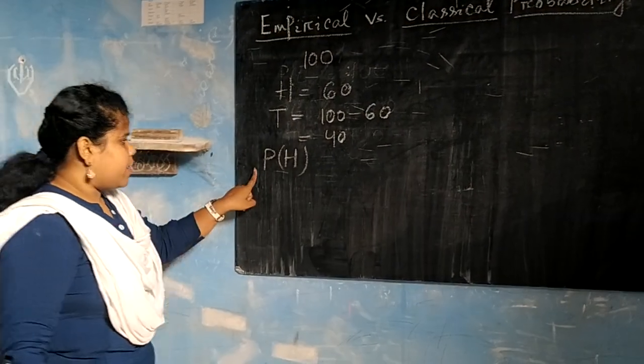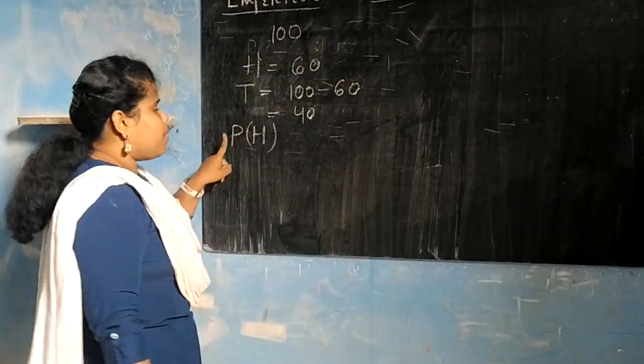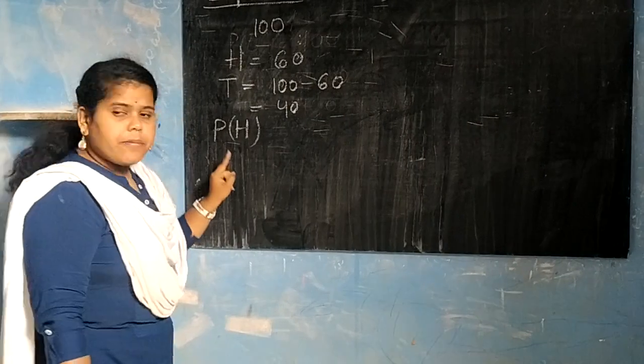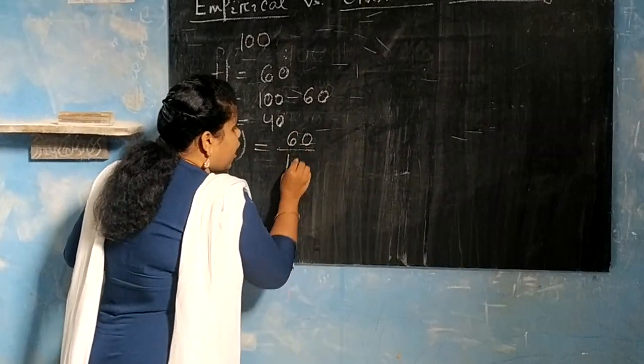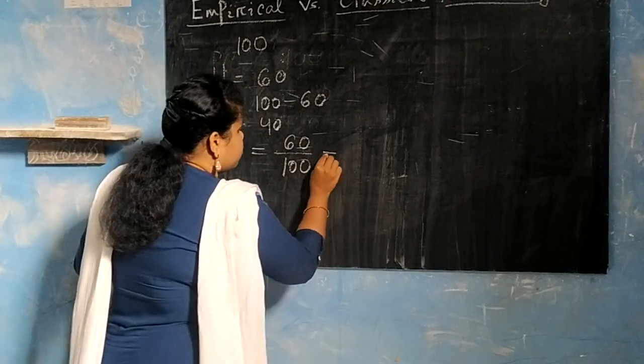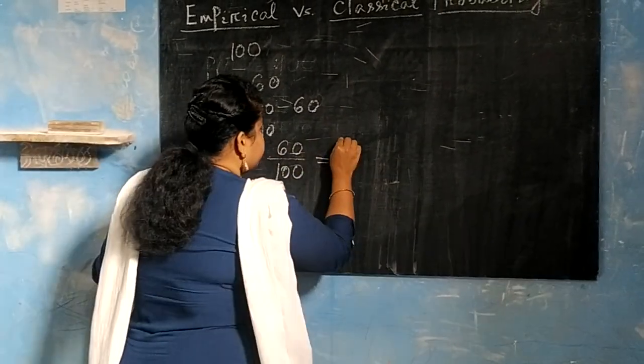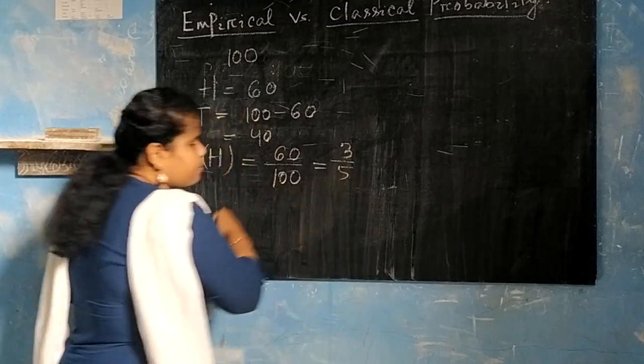Here PH indicates the probability of head, or the chance of getting head, which is equal to 60 by 100, which is equal to 3 by 5.